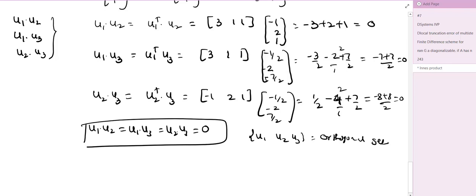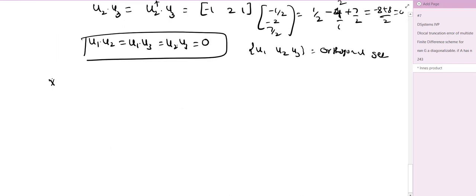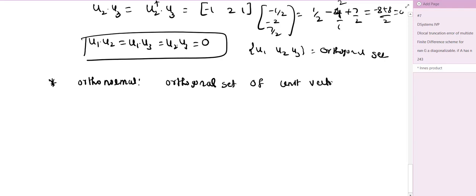And then we have something called orthonormal. An orthonormal set is, if a given collection is orthogonal, an orthogonal set of unit vectors. That means it has to be unit vectors plus it has to be orthogonal, then we call it orthonormal.